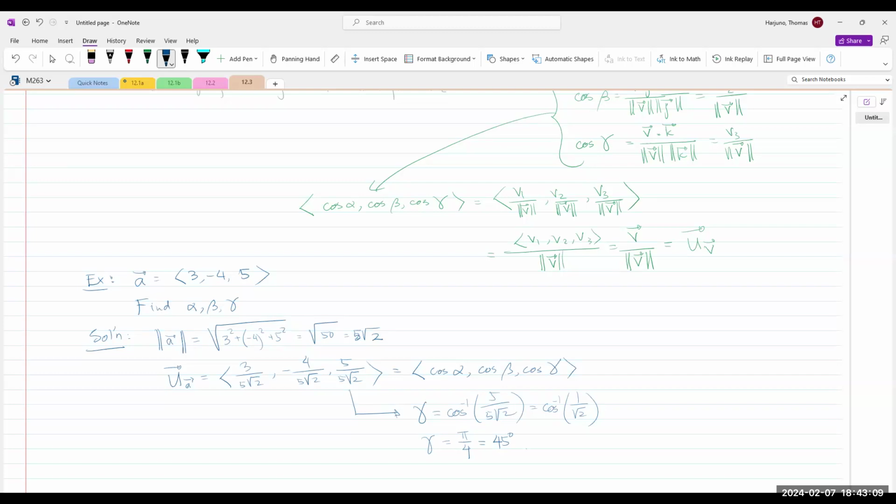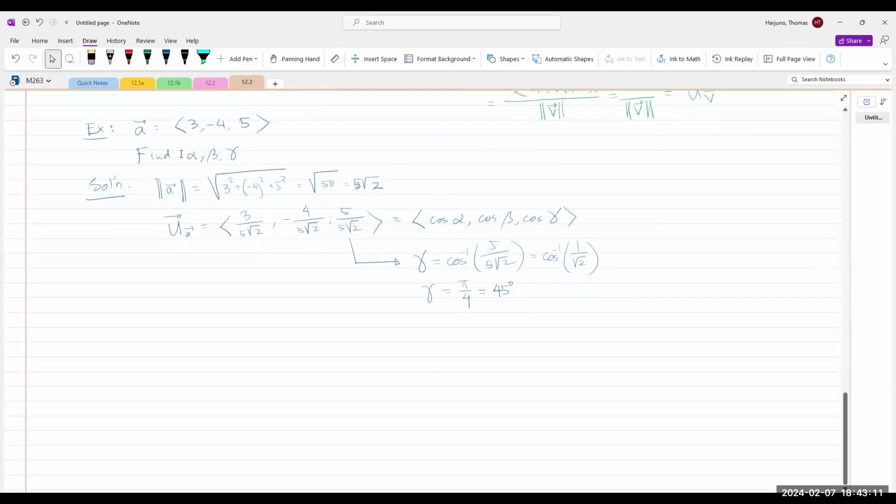Because gamma is basically, imagine if you have a plane, right? If you have a fighter jet. Now the angle gamma will tell us the angle of your direction to the vertical line.